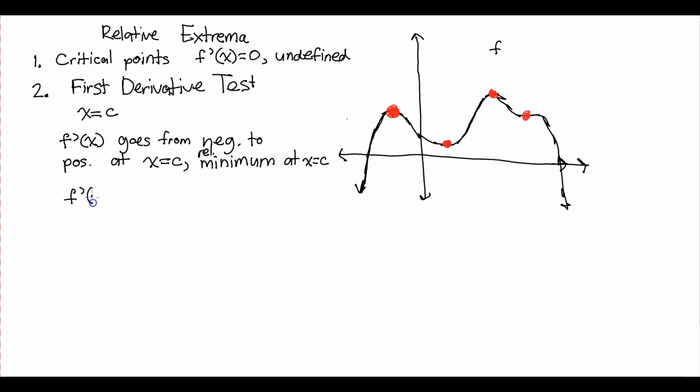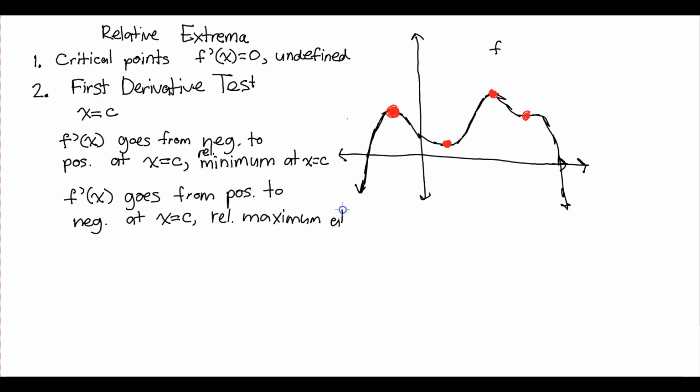If f prime of x goes from positive to negative at x equals c, then you have a relative maximum at x equals c.